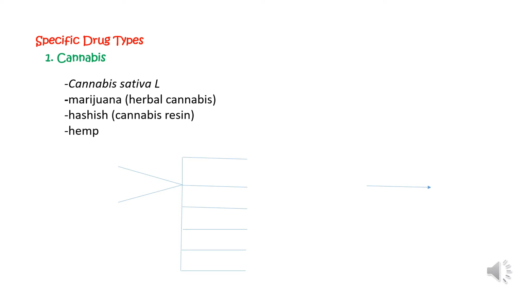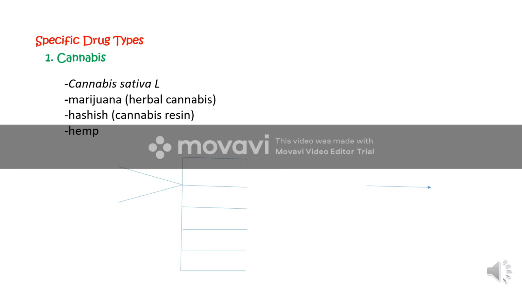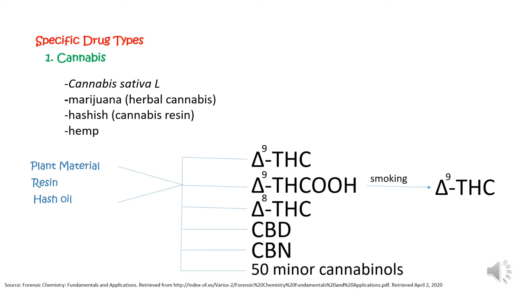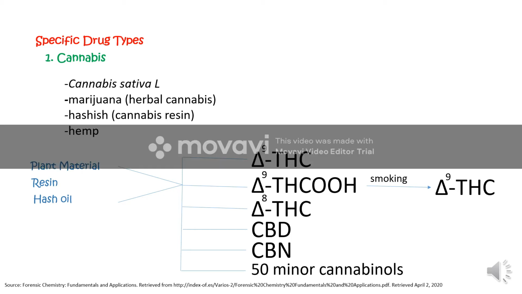It may also be termed hemp to refer to cannabis plants grown for their fiber content. A number of forms of the drug may be encountered, including plant material, resin, and hash oil. The active ingredient in all of this is delta-9 tetrahydrocannabinol or delta-9 THC.